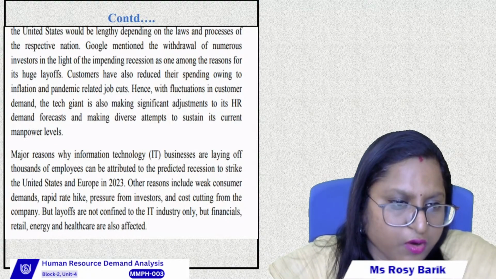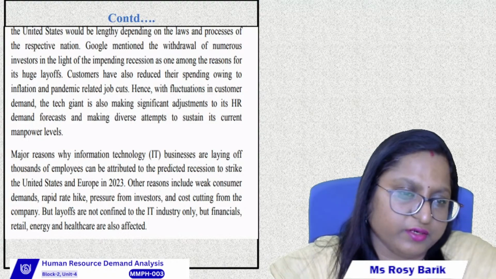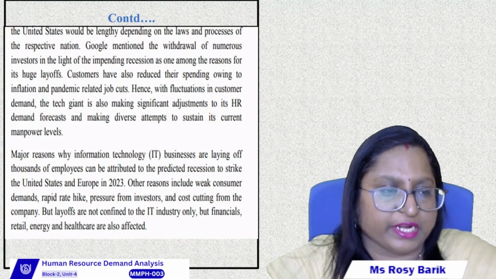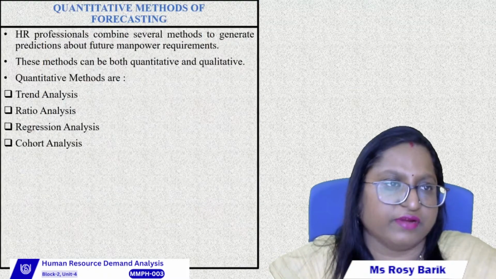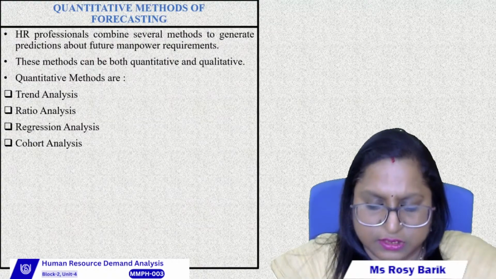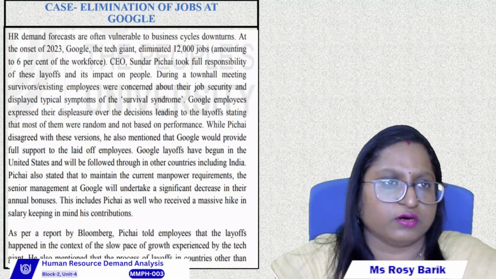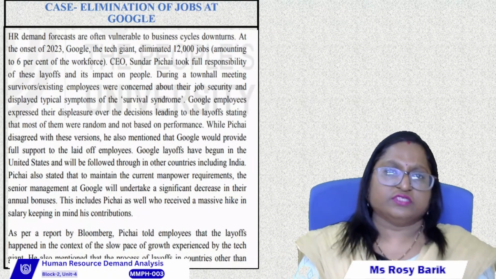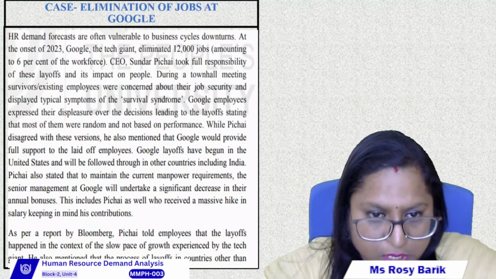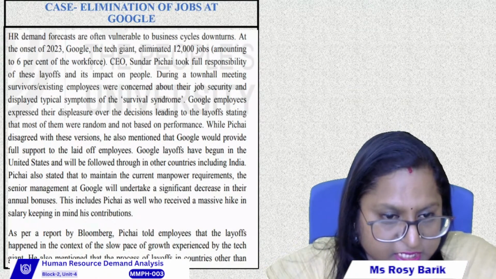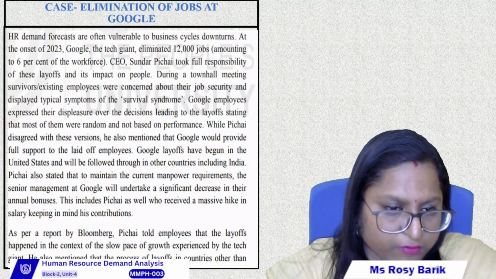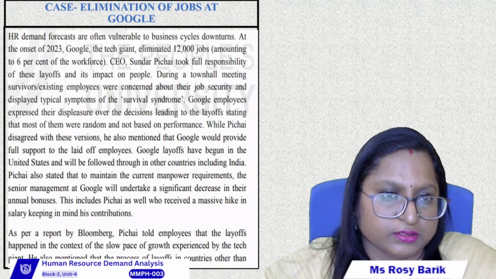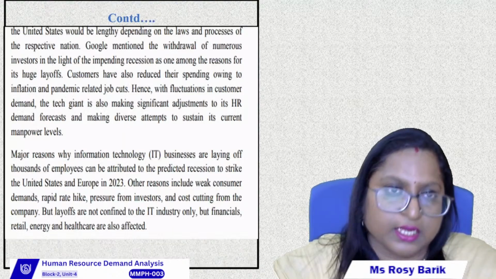But layoffs are not confined to the IT industry only; financial, retail, energy, and healthcare are also affected. So this is the case study of eliminating jobs at Google that shows the layoff strategies of the IT giant Google, why the layoff has been done, and the required number of employees for the organization.